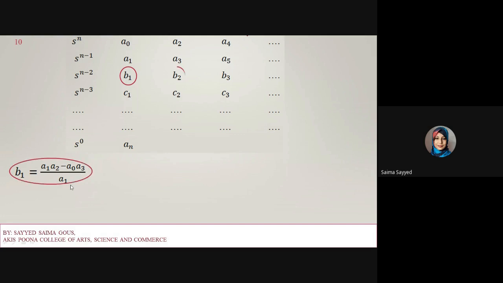Then to find out b2: a1 into a4 minus a0 into a5, whole divided by a1.